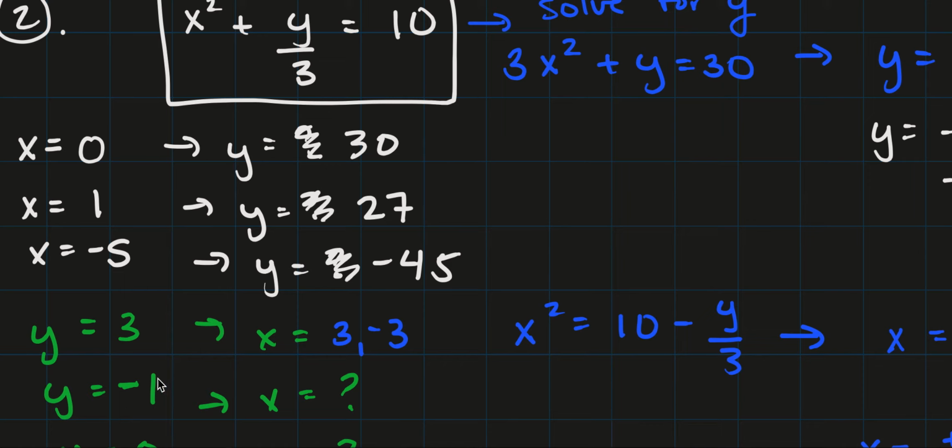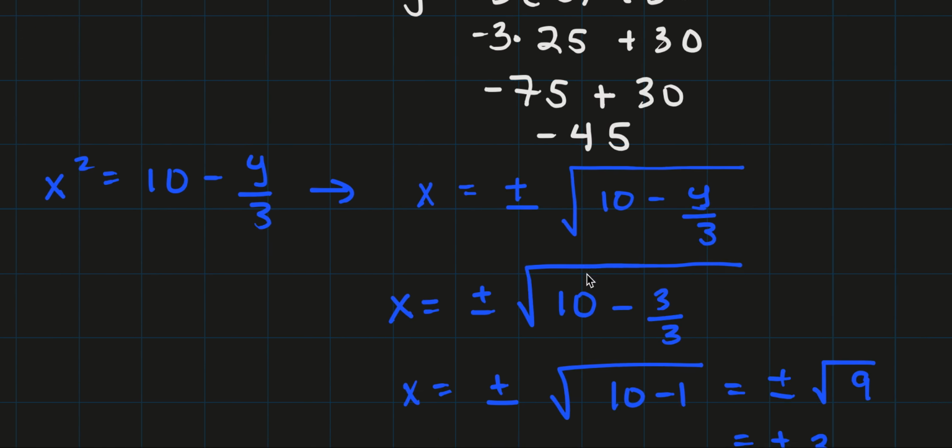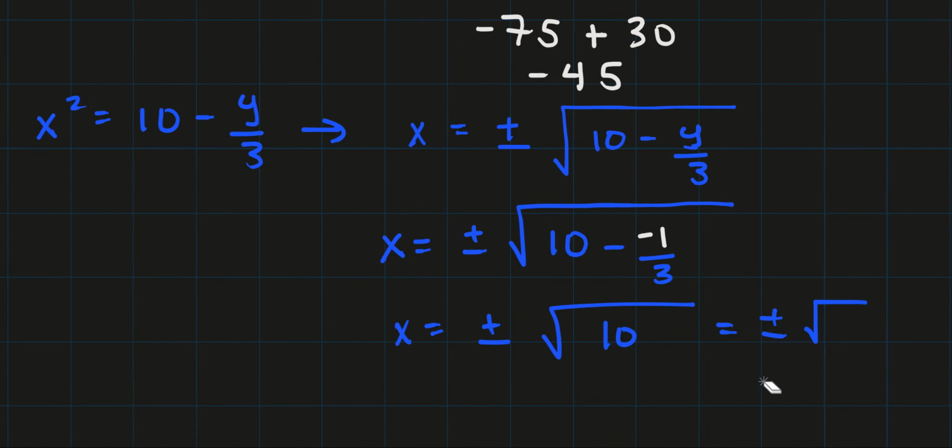Okay, let's try this one, -1. So we'll go back to this equation right here. The only thing we need to change is we need to put a -1 here. So that's going to change this piece, and this piece. Okay, now we got a fraction. We need to be careful. We learned how to add and subtract integers, but we can include fractions into this as well. We have a subtract, a negative, so we change the sign of both.